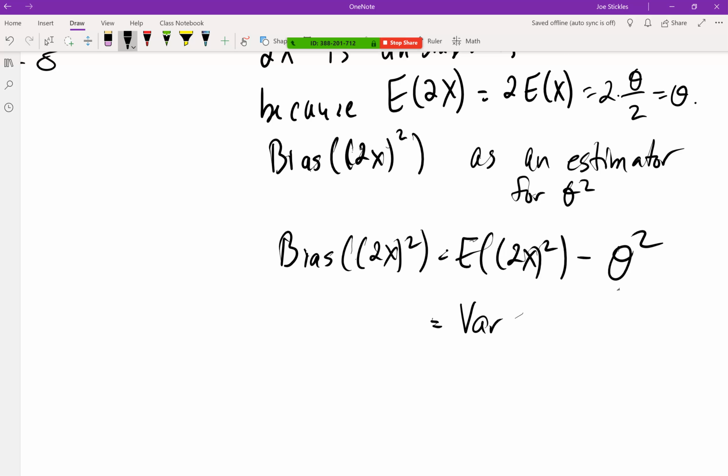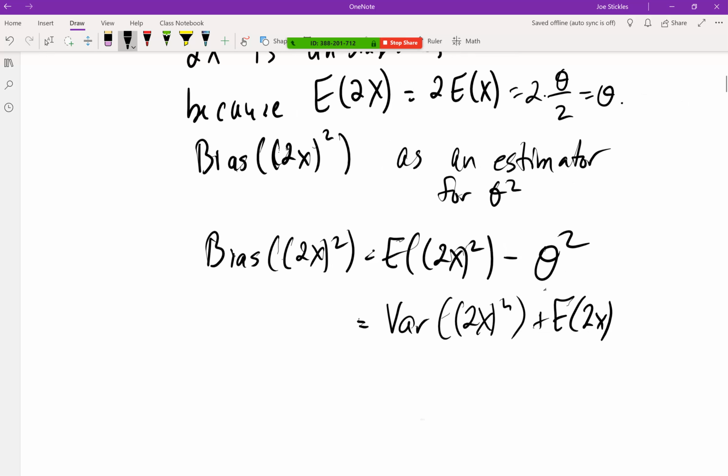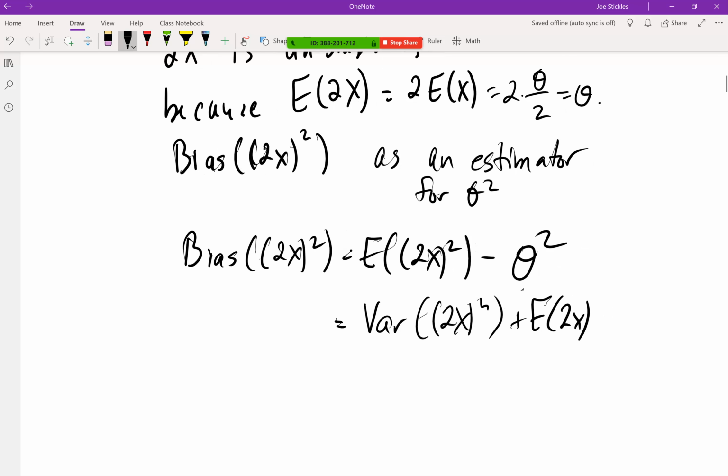So for this one, we'll have the variance of 2x plus the expected value of 2x quantity squared, and then minus the theta squared on the end. We're just using that same formula for the variance, just rewritten.